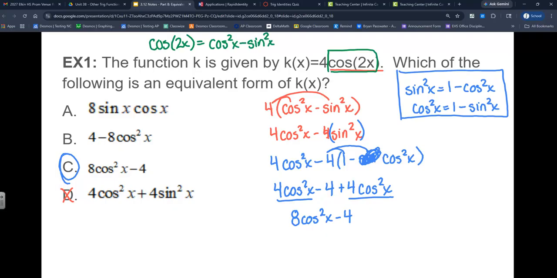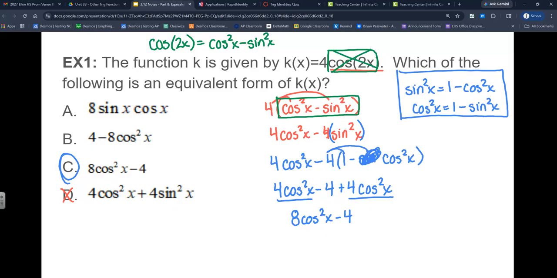There might be thetas there, but they're using x's in this problem. So I can take this out and replace it with cosine squared x minus sine squared x. Are you able to do that all the time or just at the start of the equation? Anytime. But it has to be a cosine of 2x. It can't just be like cosine x. We can't replace that. It has to have 2.